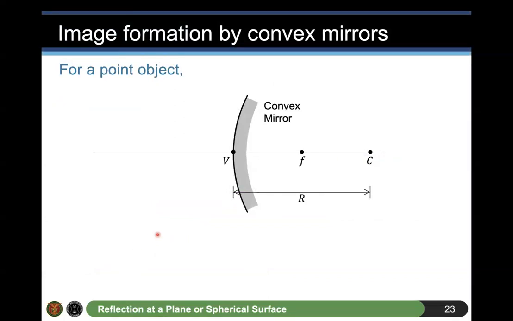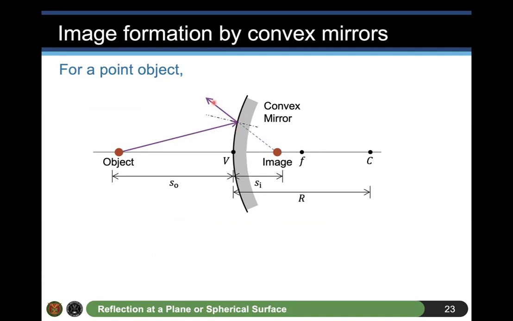Okay, now for a point object. Ito naman yung image formation by convex mirror. So, kanina concave mirrors. Okay? Let's now consider convex mirrors. For point object, situated distance SO. So, let's draw one ray. So, by law of reflection, ito yung maging outgoing ray.